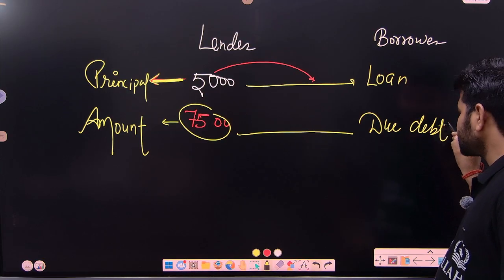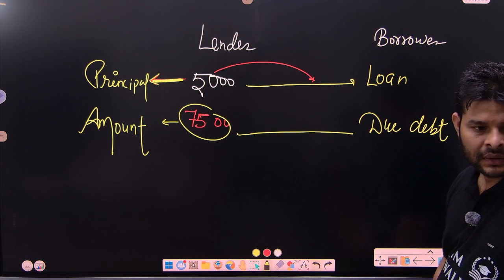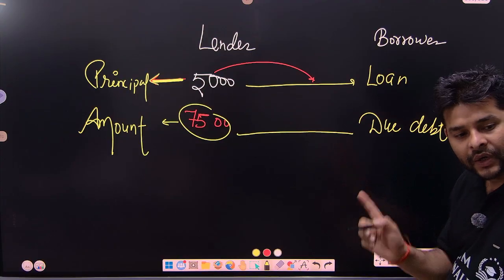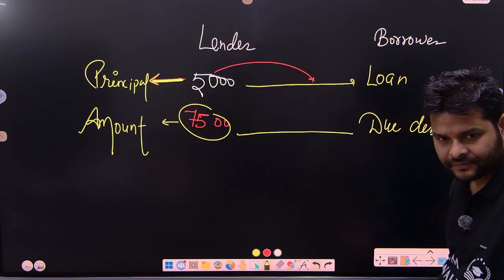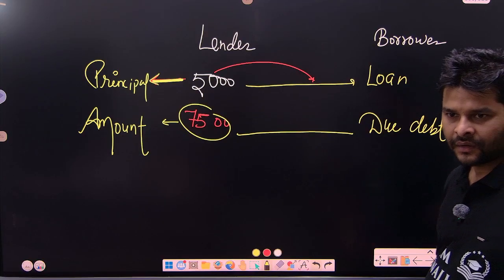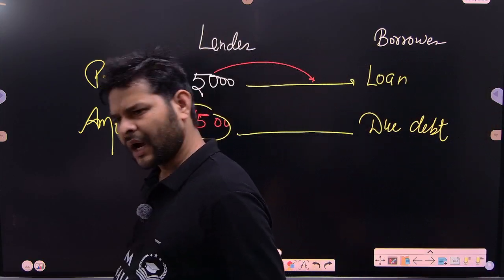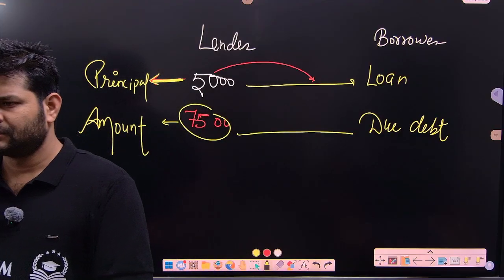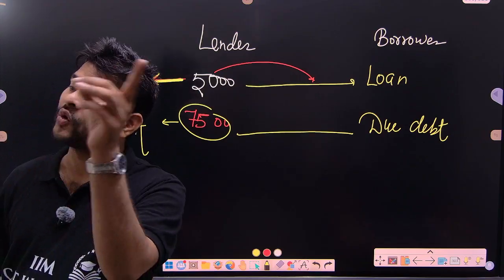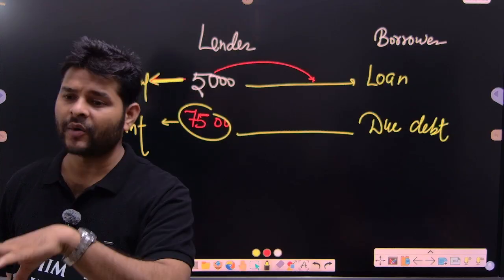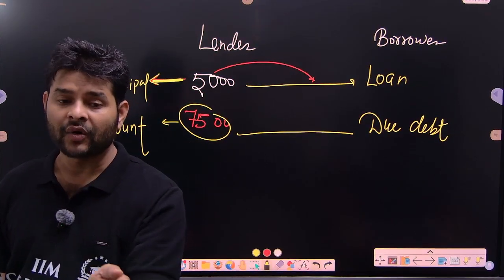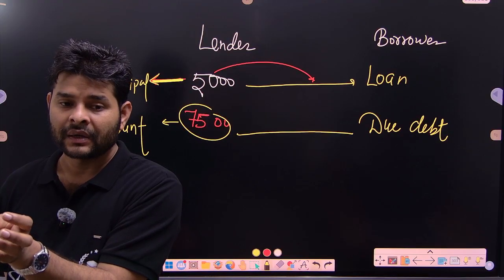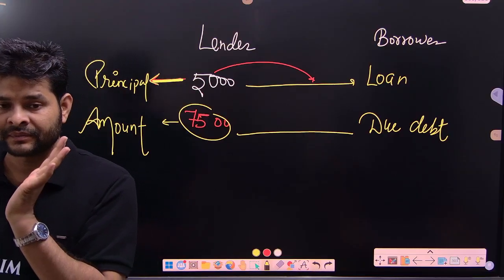So due debt is nothing but amount to the borrower. A completely new term, but on behalf of the borrower. We already know that term very well on behalf of the lender.